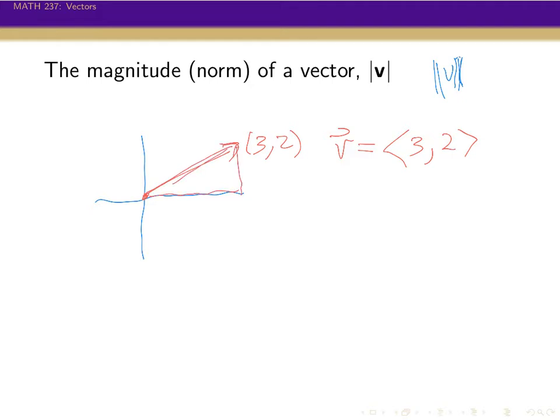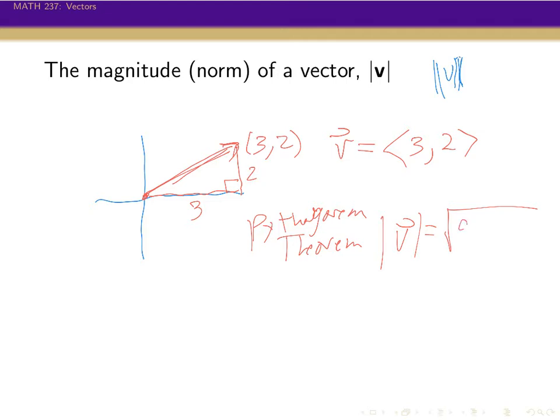Well, we can create this nice right triangle, 3, 2. The length of the vector is the hypotenuse here. And so we can use the distance formula, which is really the Pythagorean theorem, and say that the length of v here is going to be 9 plus 4, 3 squared plus 2 squared, so square root of 13.